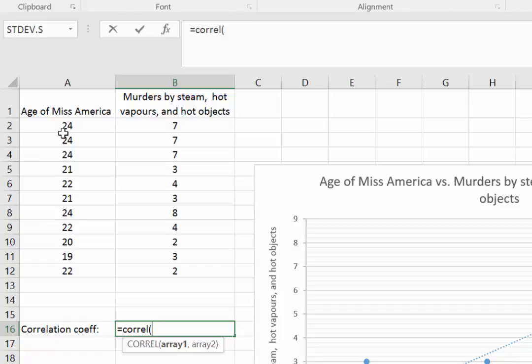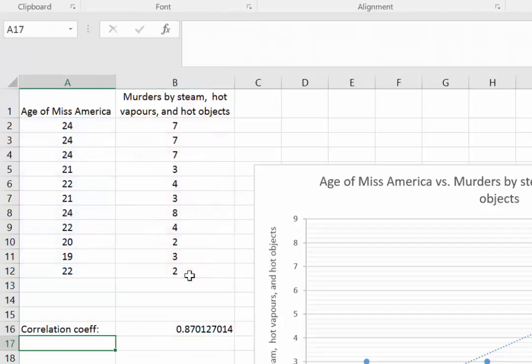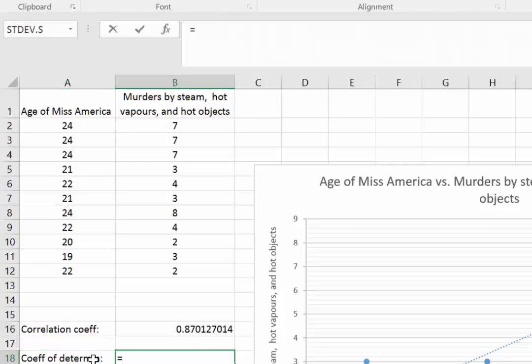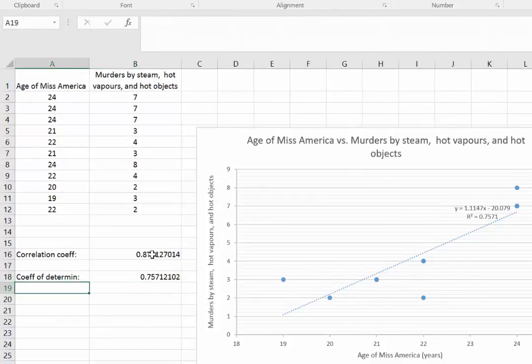We highlight the X's, comma, highlight the Y's. And then the coefficient of determination is that squared, and hopefully it will match this. So just click on it and square it. Yep, 0.7571.